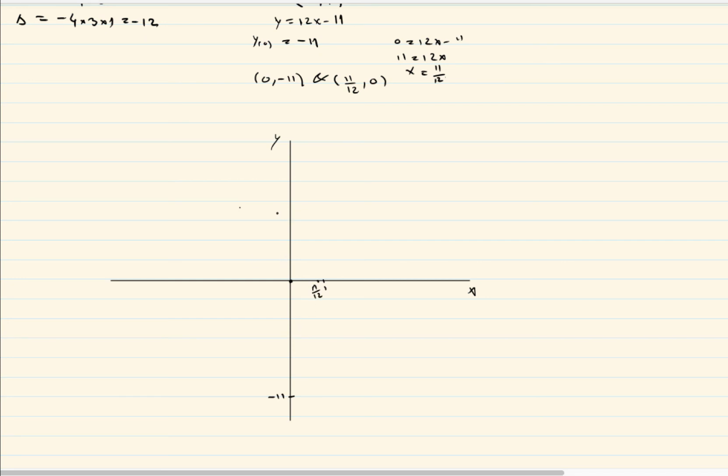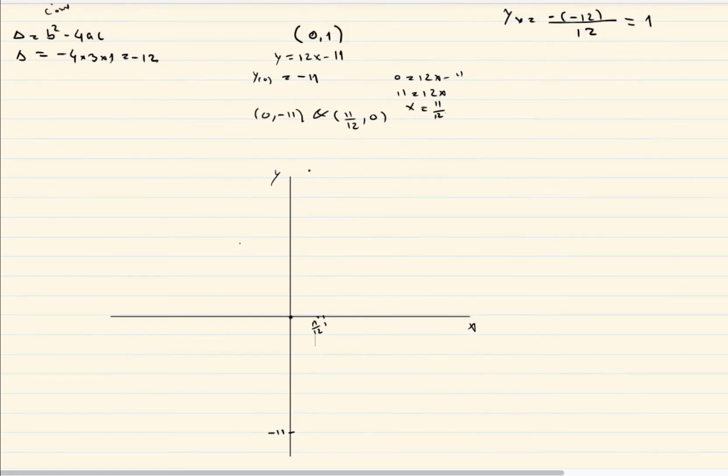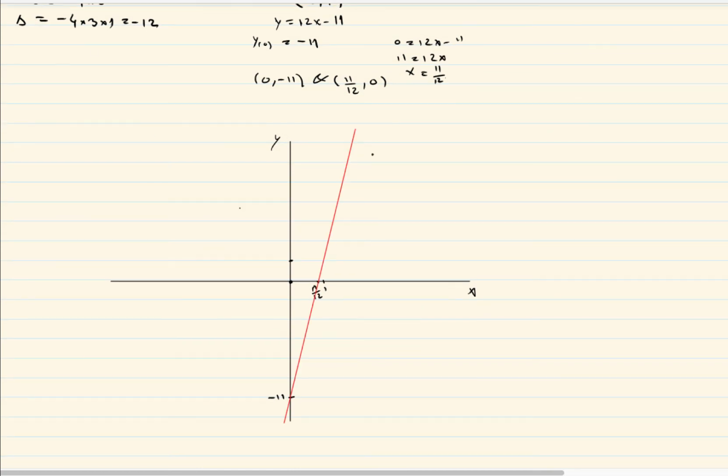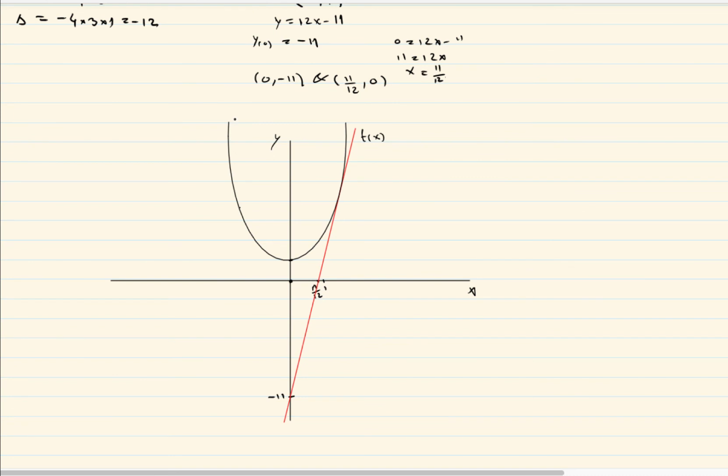And we know that our first function has the coordinates of the vertex as 0 and 1. So 0 is x, and y is 1. We can consider this part. So this is the tangent of x and this is our f of x, and this is the point at which these two graphs touch each other.